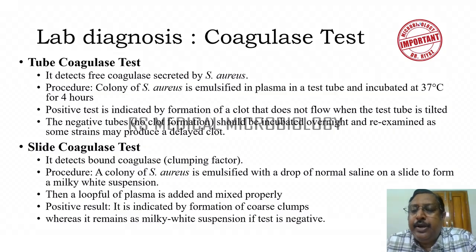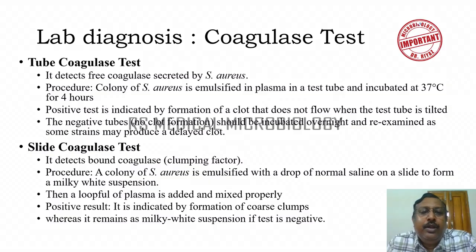The most important test used for differentiating Staphylococcus aureus from other staphylococci is the coagulase test. You have two types: the tube coagulase test and the slide coagulase test. The tube coagulase test detects the free coagulase, where you take a small amount of colonies, emulsify it in plasma in a test tube, and incubate it at 37 degrees for 4 hours.